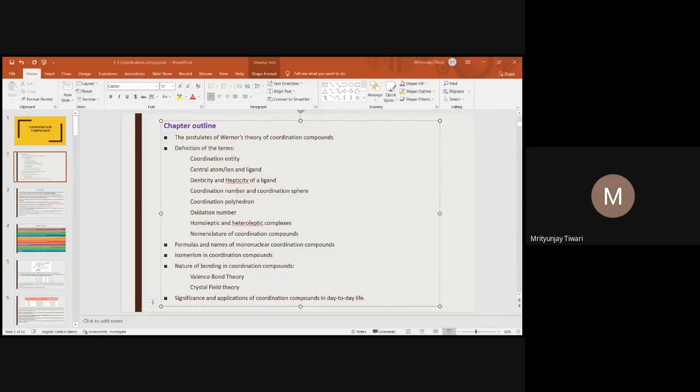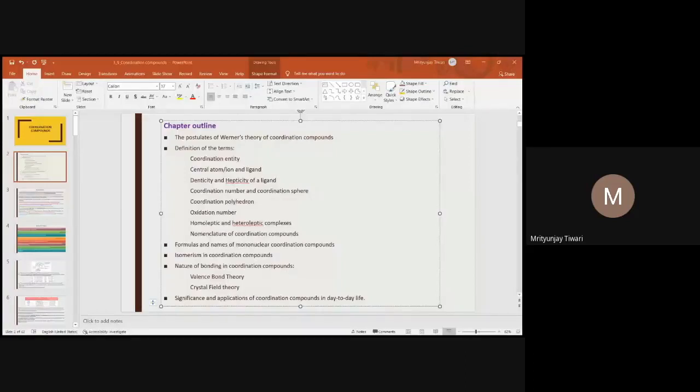Werner further postulated that octahedral, tetrahedral, and square planar geometries are more common in coordination compounds of transition metals. So later on, he also talked about the geometry of the transition metal complexes, and said that mostly octahedral, tetrahedral, and square planar geometries are found.